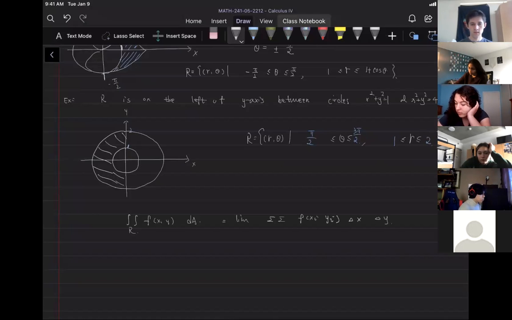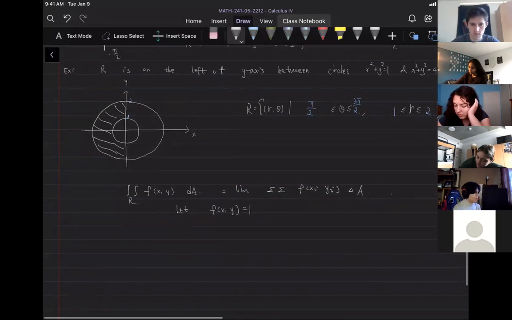Oh, we can just write down delta A, right? Delta A. Okay. If we let the function equal 1, you can see that means what? 1 dA, which is just a limit sum of all the delta A.